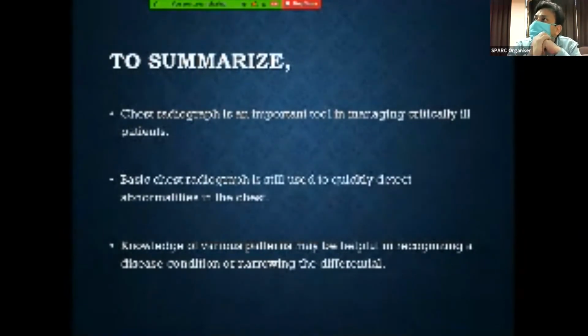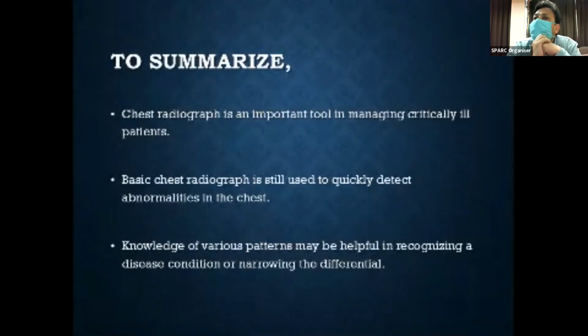So I'll be summarizing my talk. I have covered some of the very basic aspects of how we interpret the X-ray, how we take the X-ray, what are the fallacies of the X-rays in ICU patients, what are the difficulties of recognizing pneumothorax and pleural effusion in supine film, and there are many different kinds of opacity.